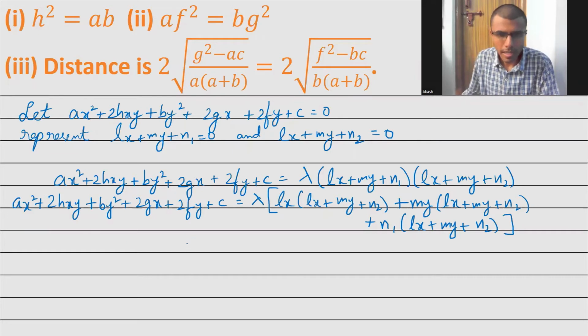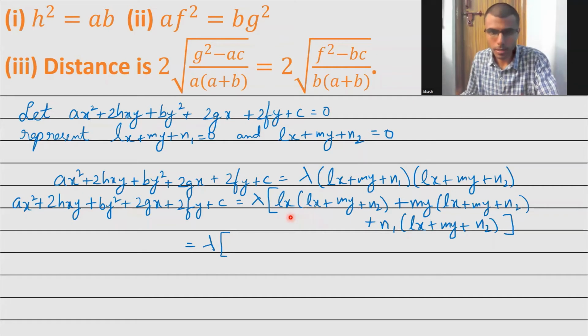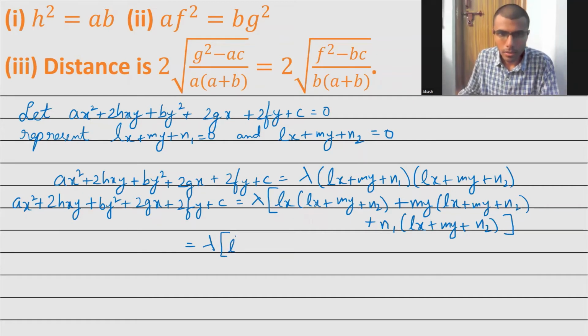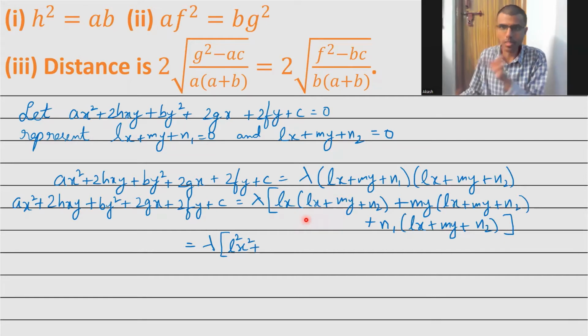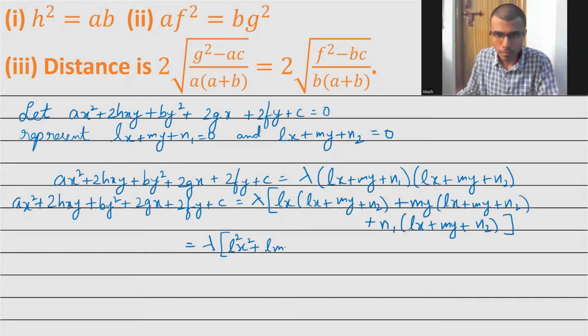Now, LHS is fixed, so you can keep it as it is and get on with working with RHS. Here, Lx into Lx is L square x square, plus Lx into My is Lmxy. I'm just rearranging it: the constants I'm putting forward, and the variable at the end.